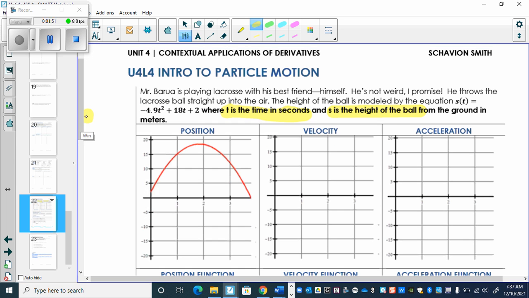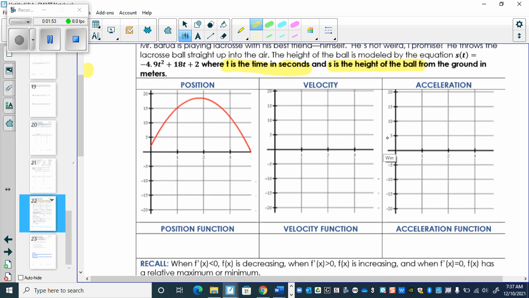Okay, what we're going to do below is graph a velocity function based on the information of this position function. I'm going to graph acceleration.